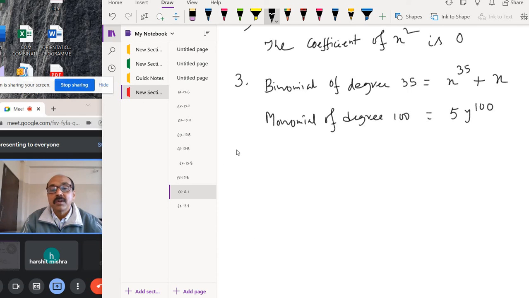Next, question number 4. Write the degree of each of the following polynomials.